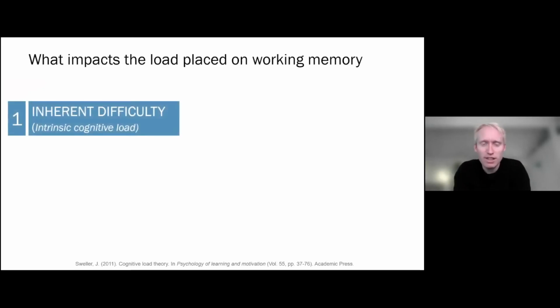The first thing that determines how hard your working memory has to work is the inherent difficulty of what you are learning or thinking about. So of course, 4 plus 4 will be a lot easier for your working memory than something a little bit more complex.